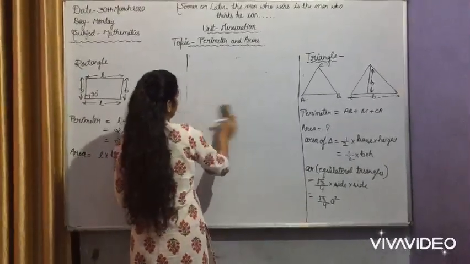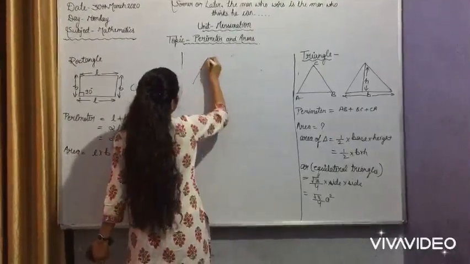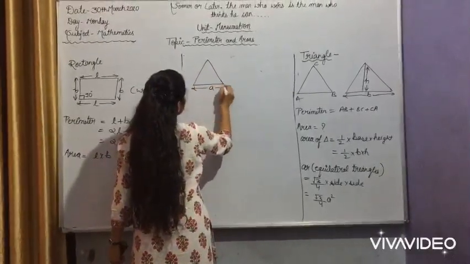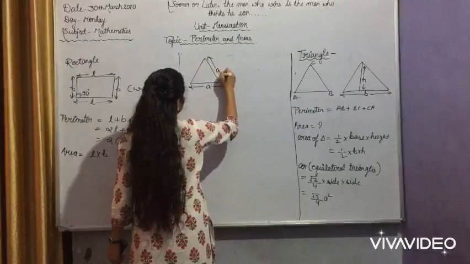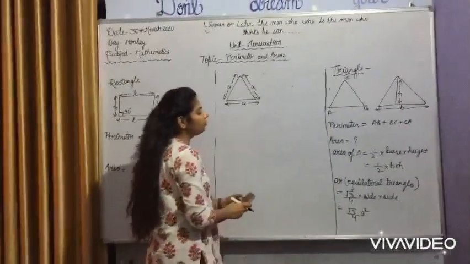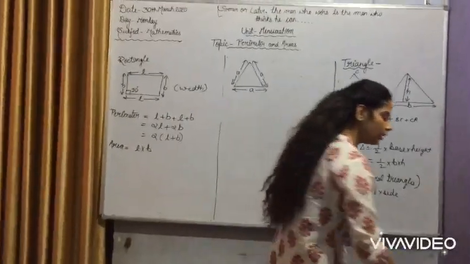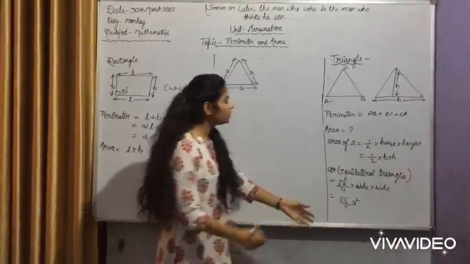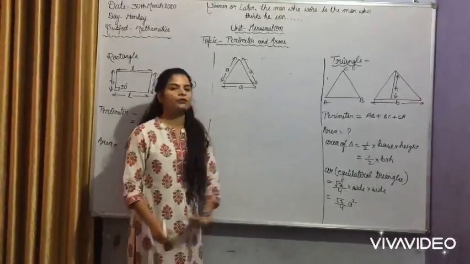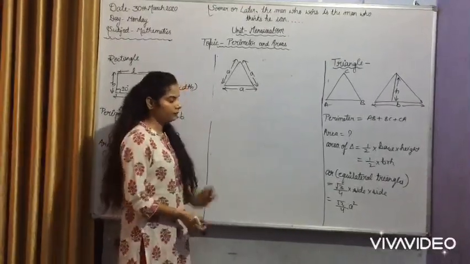An equilateral triangle, as you all already know, is a triangle whose all three sides are equal. So, to take out the area of this figure, you will be using this formula whenever the side is given. That is root 3 by 4 multiplied by a square.